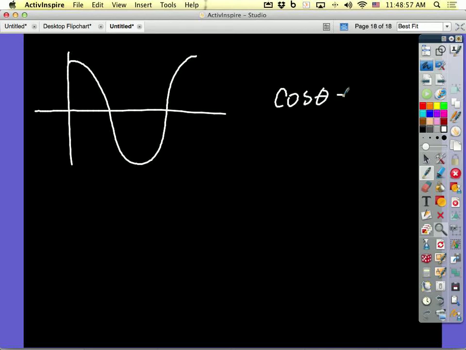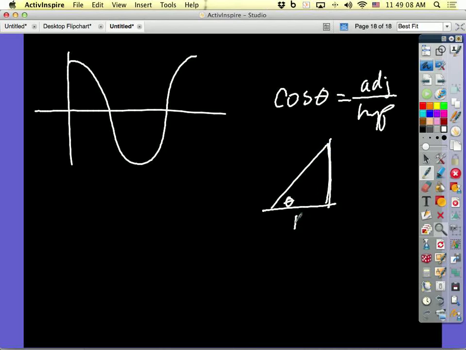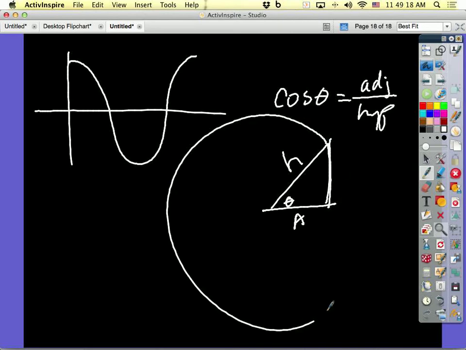This is the cosine of theta, which is nothing more than the ratio of the adjacent side over the hypotenuse of a triangle. If this is your triangle, and this is theta, and this is your hypotenuse, then as you take this thing from horizontal and take it all the way around, this is what happens.